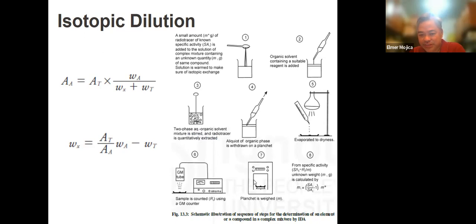So once you evaporate it to dryness, as you could see, meron kang counter dito, yung Geiger Counter. Okay? And then you're going to weigh the planchet, and then from that you determine the specific activity.